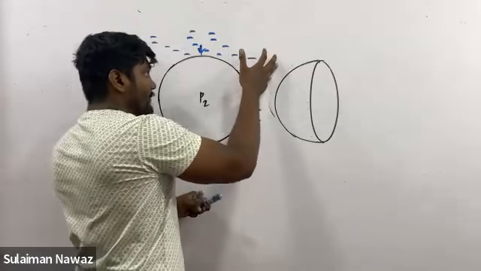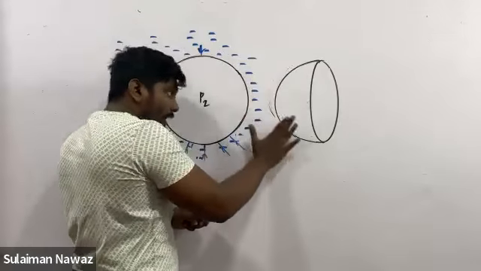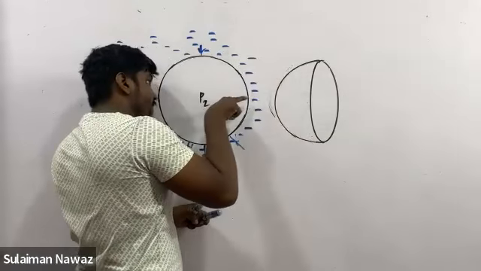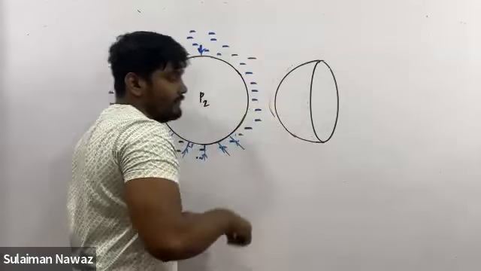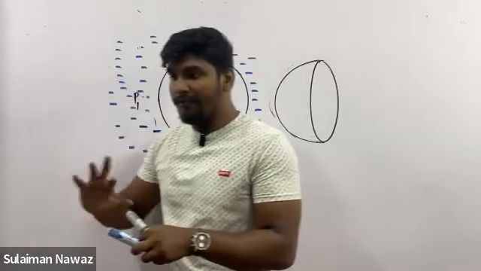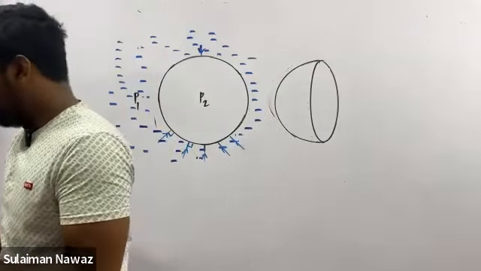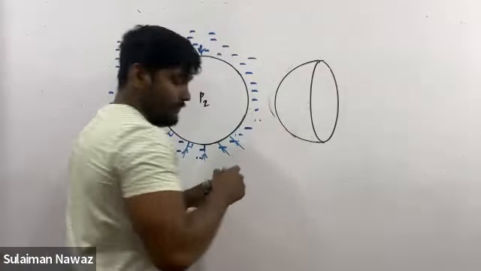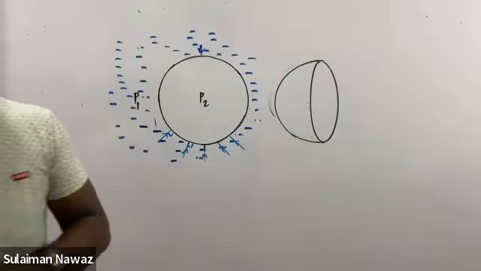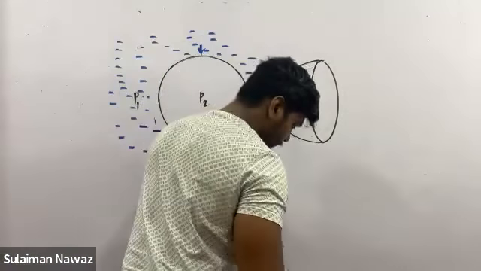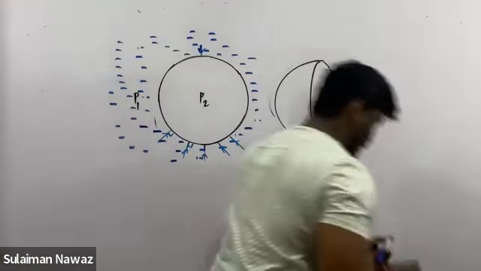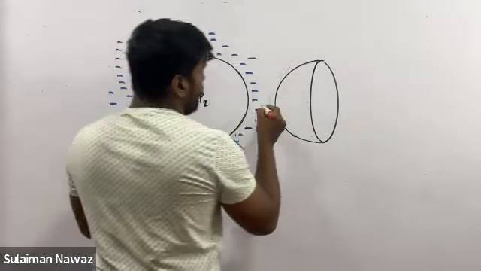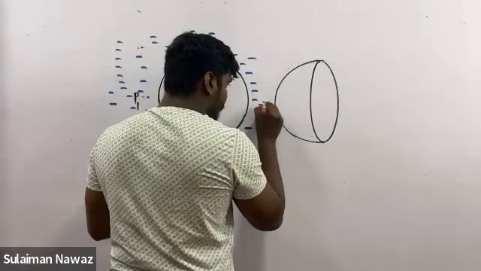The resultant pressure force acting on the half of the bubble due to the liquid pressure will be in the horizontal direction. Just think of it as half of a sphere.